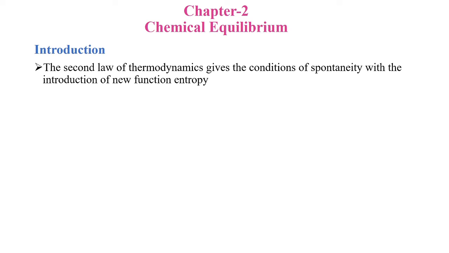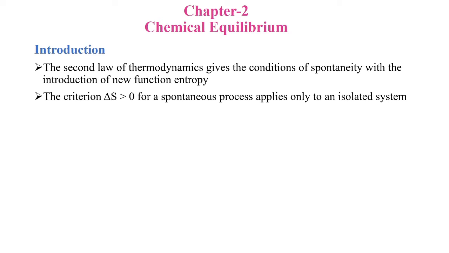The second law of thermodynamics gives the conditions of spontaneity with the introduction of new function entropy. So the criterion delta S is greater than 0 for a spontaneous process applies only to an isolated system.